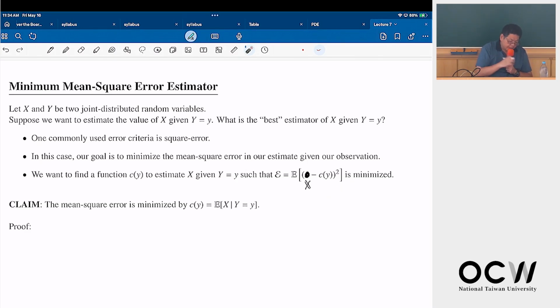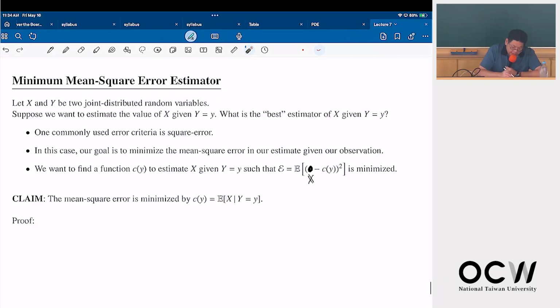Let's see the claim. How can I minimize the mean square error? If we let this function c(y) be just the conditional expectation of X given Y.